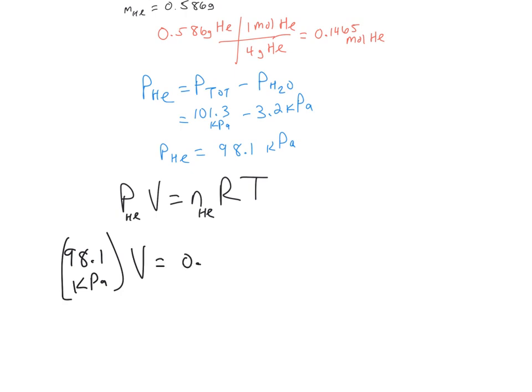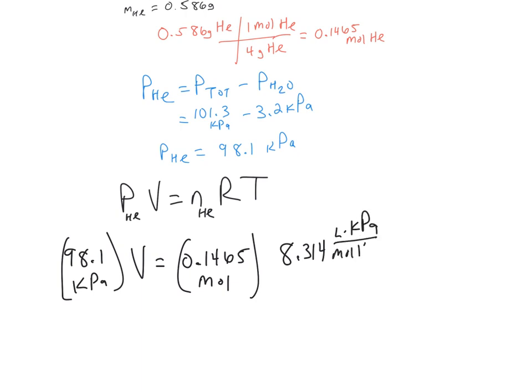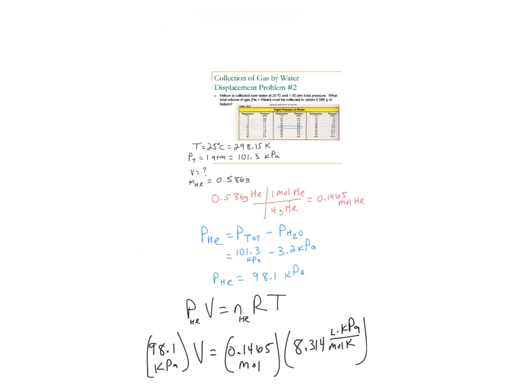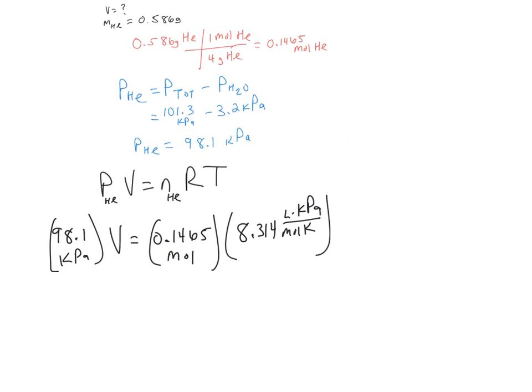So I'll just plug in the numbers I have, making sure I use the partial pressure of helium. The moles of helium is there. Because I'm using kilopascals, I'm going to use 8.314 for R. And then lastly, I need my Kelvin temperature for this to work, and that is 298.15 Kelvin.